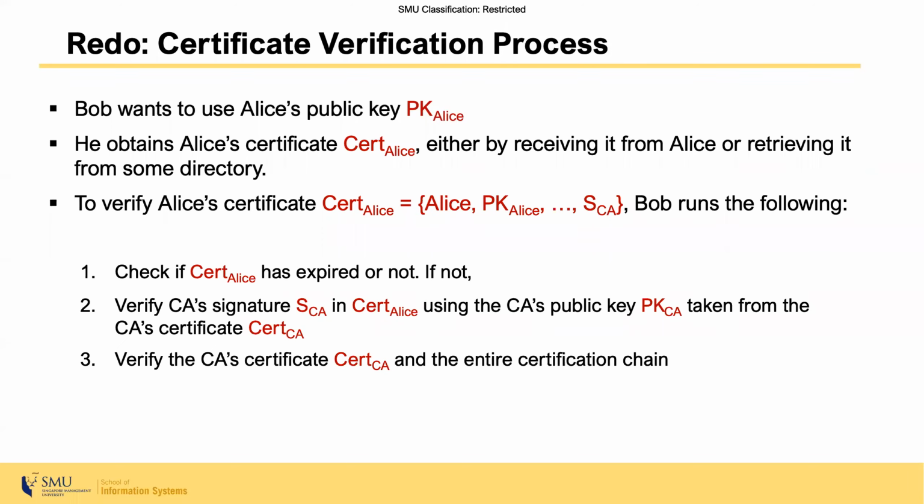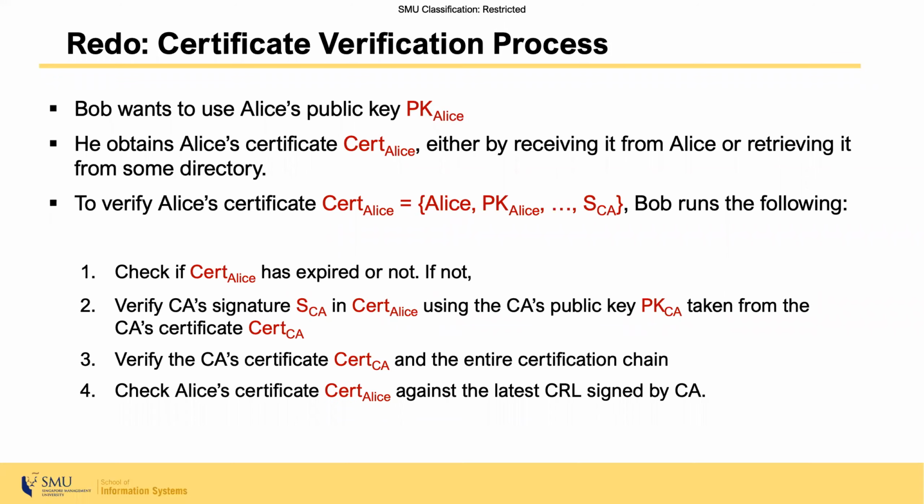To make sure that CA's public key is authentic, Bob has to also verify the certificate of that CA. And similarly, along the way, he has to check the certificate of the entire certification chain until it reaches the root CA. And finally, if everything checks out, Bob will check Alice's certificate against the latest CRL.